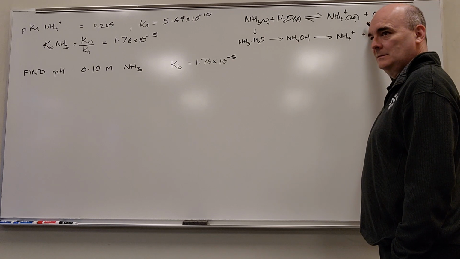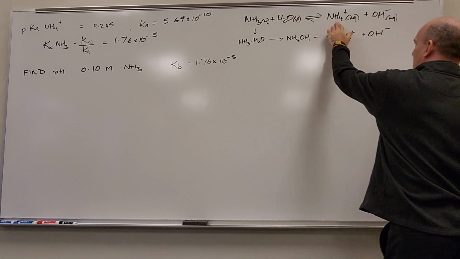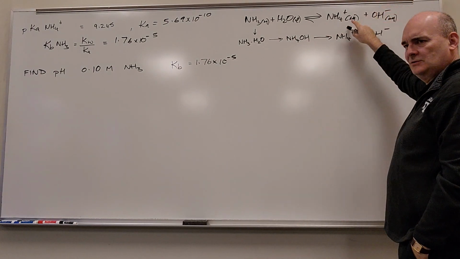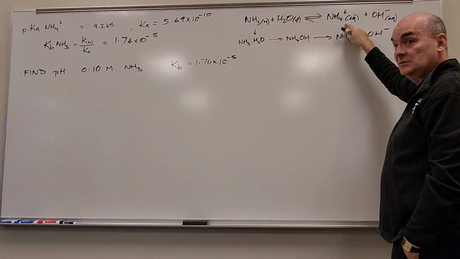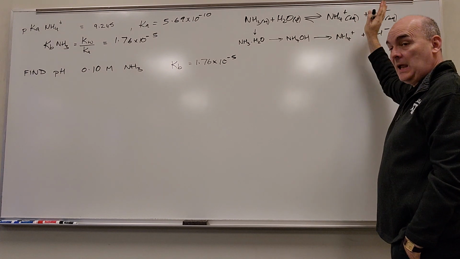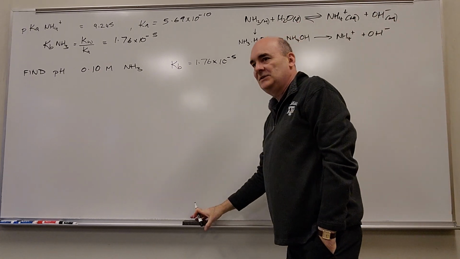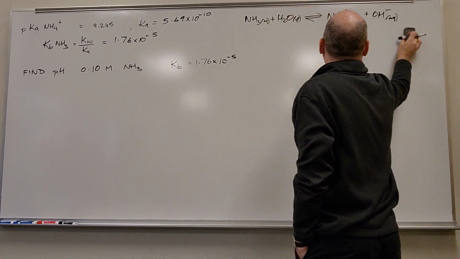No. Because this and that make this and that. They're the same concentration. Do we know what that concentration is? Not yet, but you're going to go find it. So that's your X. Go set up your Kb. Everything's the same. Go do it.